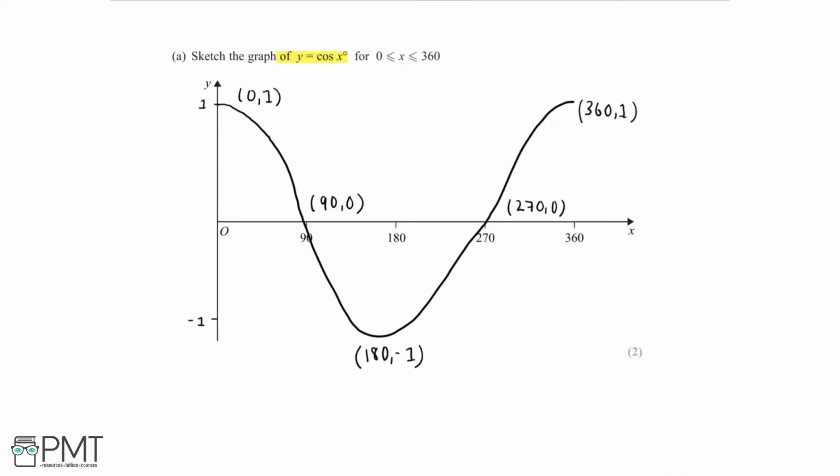Now this question is worth 4 marks, so let's take a look at where these marks are allocated. In part A, we get 1 mark for drawing the correct shape of the graph of y equals cos x. And the second mark in part A is for correctly labelling all of the points.